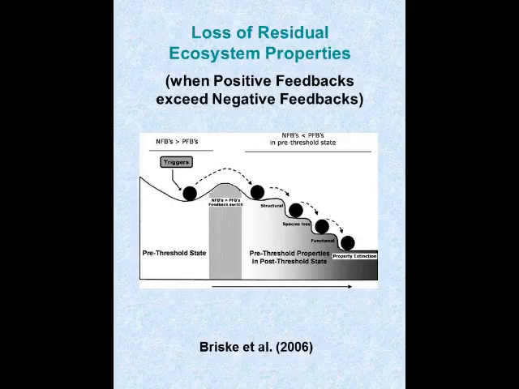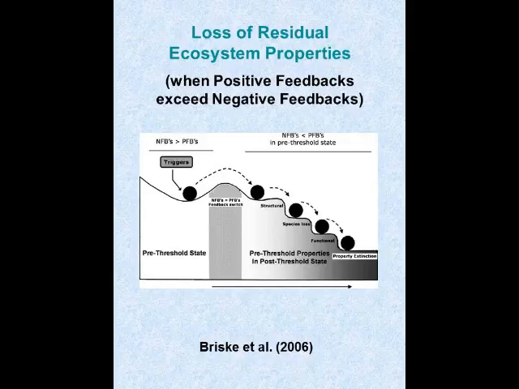And this is shown pictorially here by a trough. So it's unlikely that the ball is going to move outside of that trough unless the positive feedbacks are so great they're able to push it over that threshold. And you get the situation on the right where negative feedbacks are less than positive feedbacks.